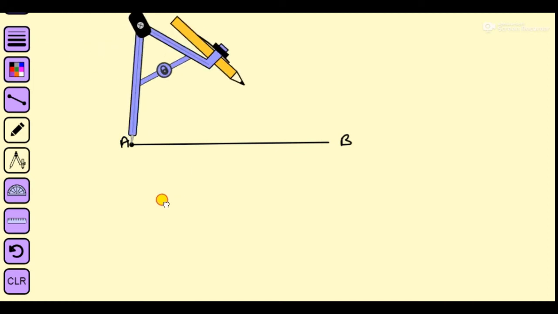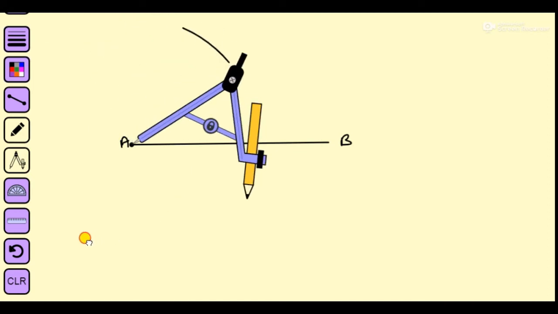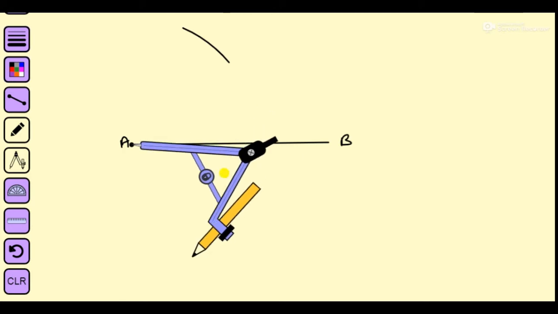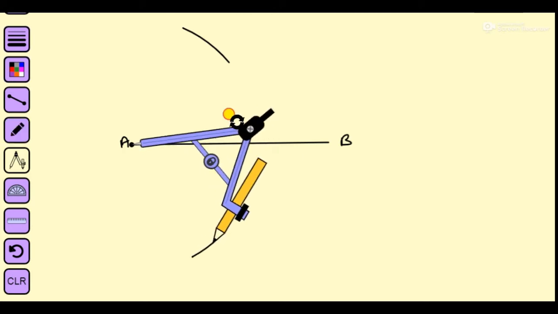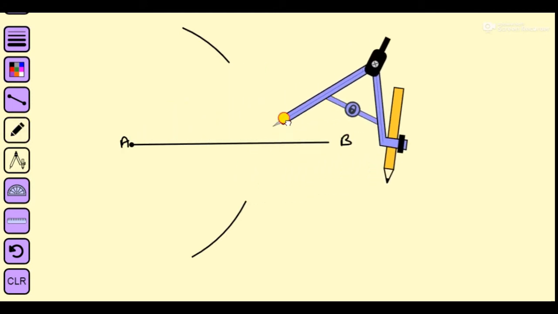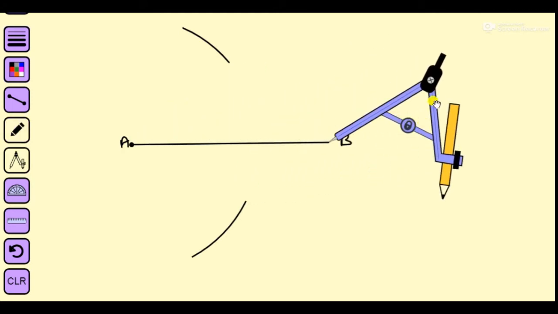Okay, now come to here. So you can make a second arc downwards like this.